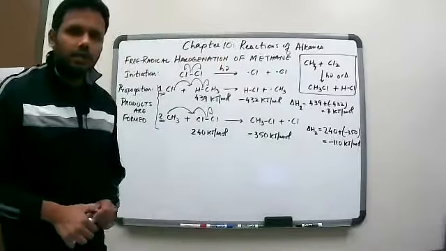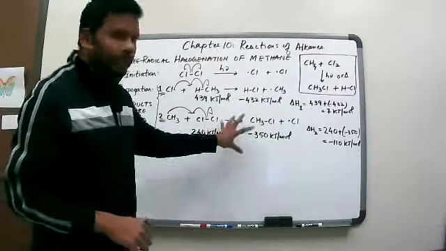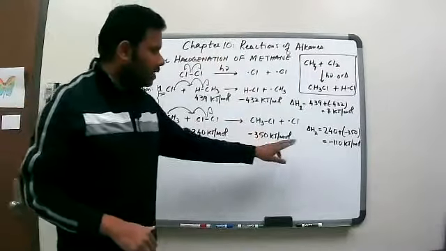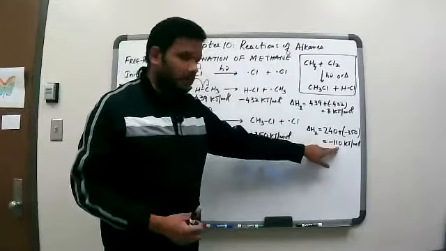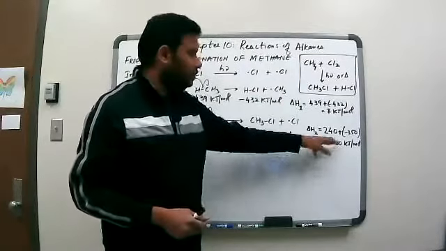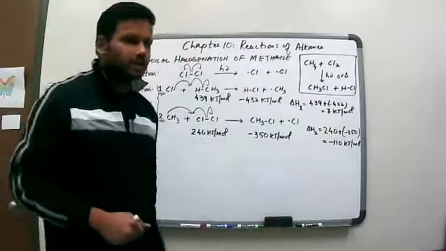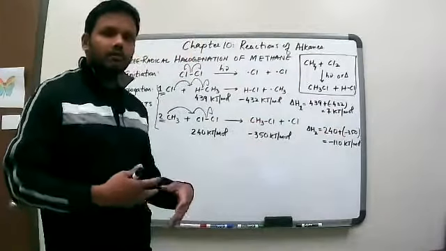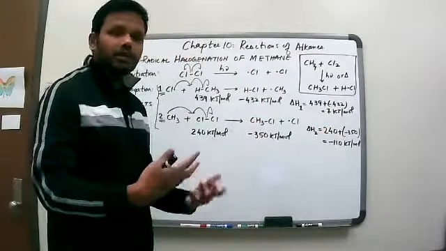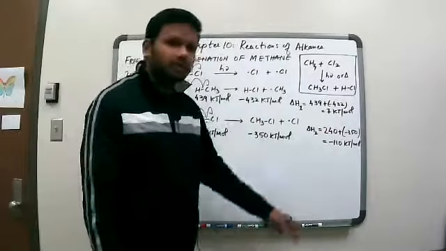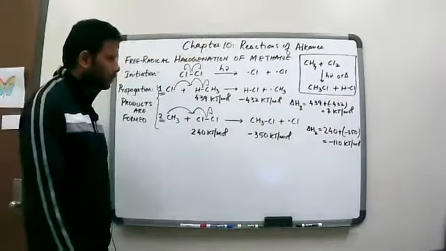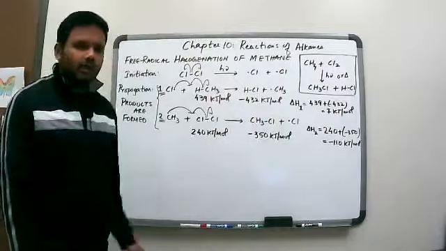And what that means is that the second propagation step here is a highly exothermic process compared to that endothermic step we had. Okay, we are releasing more than 100 kilojoules per mole. So it's a negative 110 kilojoules per mole. Okay, so that's the thermodynamic calculation.